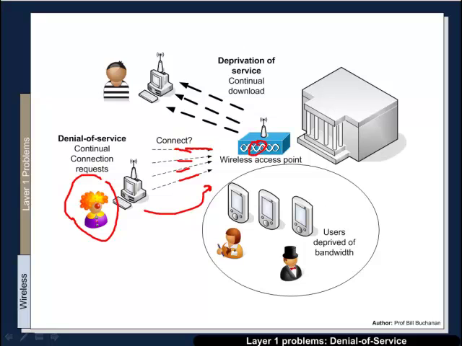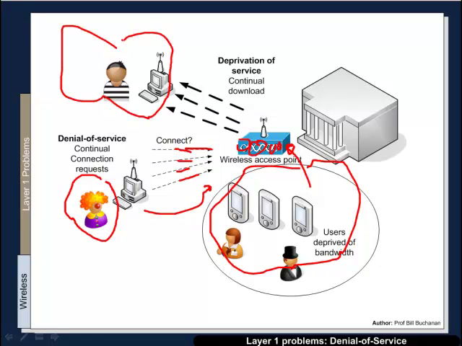But the wireless access point is then spending so long on dealing with these connections that the valid users feel a deprivation of bandwidth and do not get the right quality of service. The same thing can happen if someone continually tries to access and download or upload files, then the access point is spending so long on these files that other users can feel deprived of bandwidth.